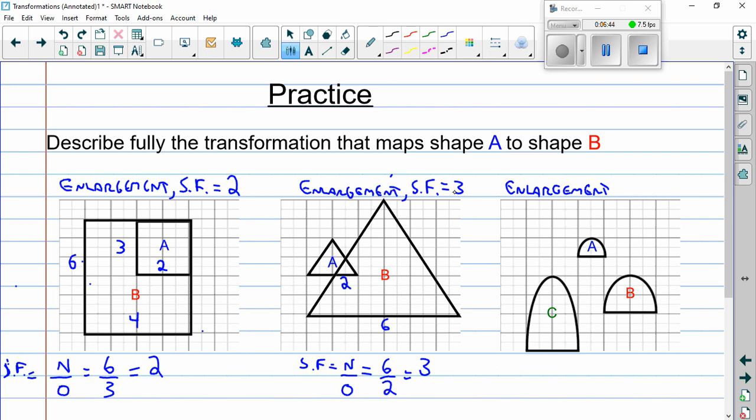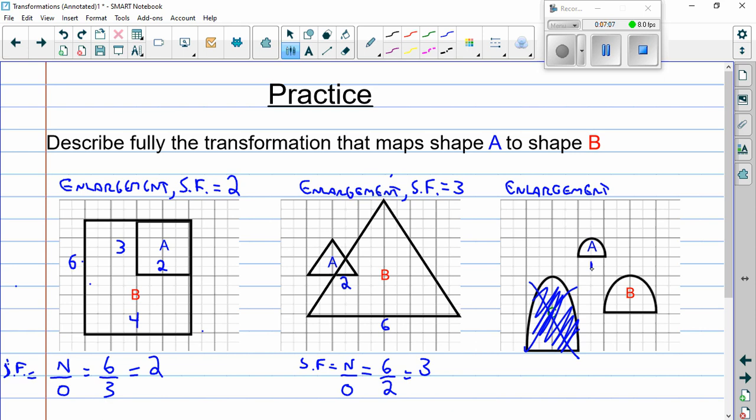And lastly, we have 3 shapes on here. So first, what does the question ask? Always read the question. Sometimes they're going to try and confuse you by giving you too much information. So we're looking for A to B. So right away, we can cross out C and just ignore it, get rid of the information on a question you don't need. So how do we go from A to B?